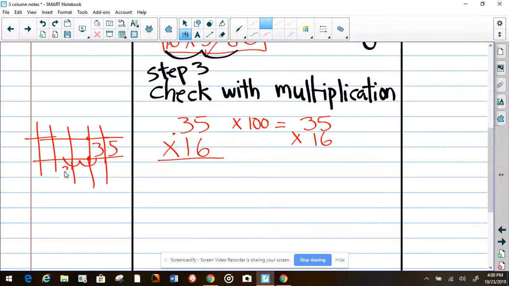So the 5 moves to the left, 1, 2. That number goes there. So the answer is now 350. So now we have no decimal, so it's easier to multiply. You can do it either way.